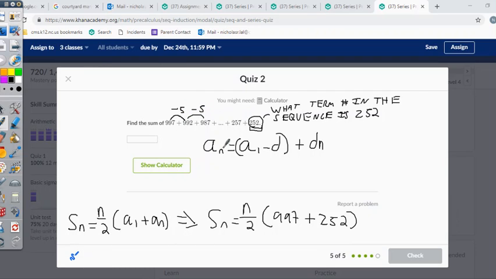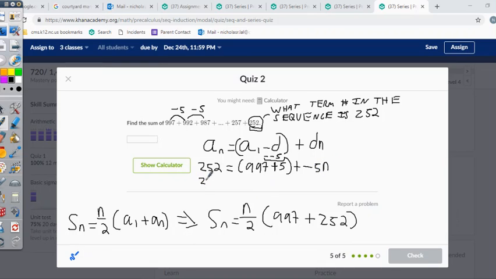So our term value is going to be 252, equal to a1, 997, minus d. Well, actually, d is negative 5, so minus negative 5 makes it plus 5, plus dn, plus negative 5 times n. Remember, we're solving for n here.